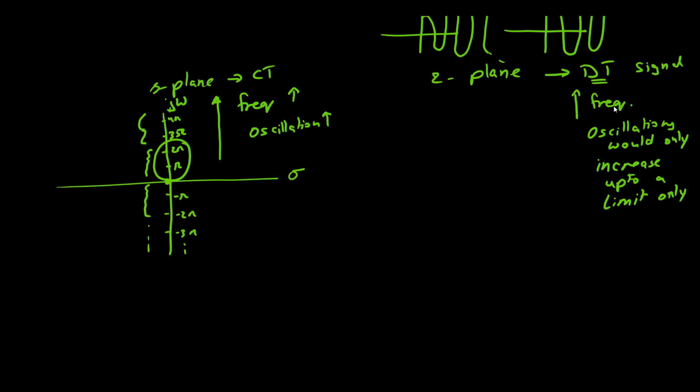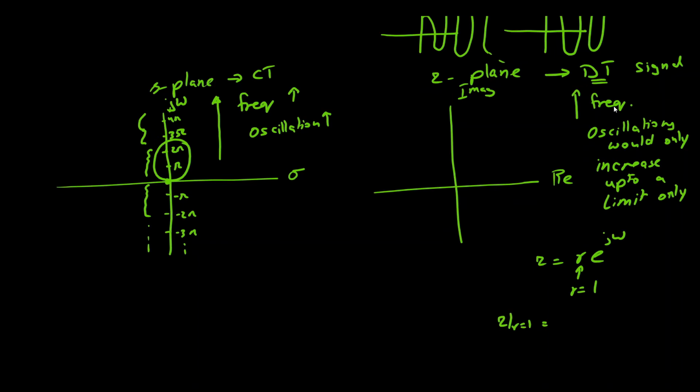So this formulates the intuition for the Z-plane, where again we have a real axis and an imaginary axis, where z is equal to r e^(j omega). Say we consider a unit circle, in which we have r equal to 1. In this case, z at r equal to 1 is simply e^(j omega).